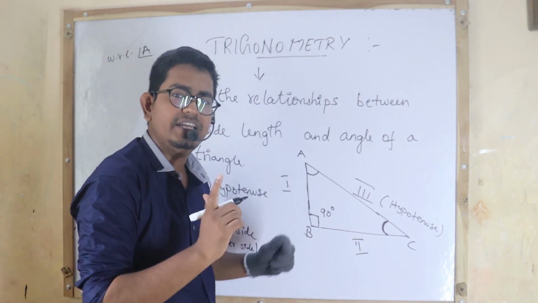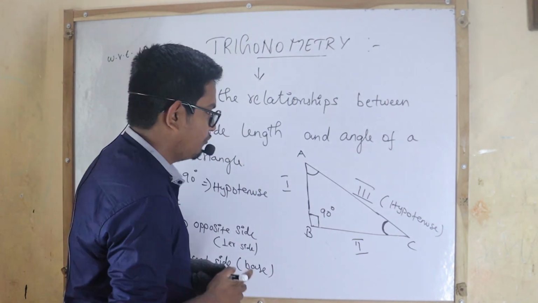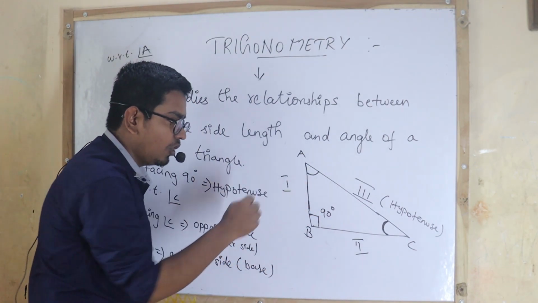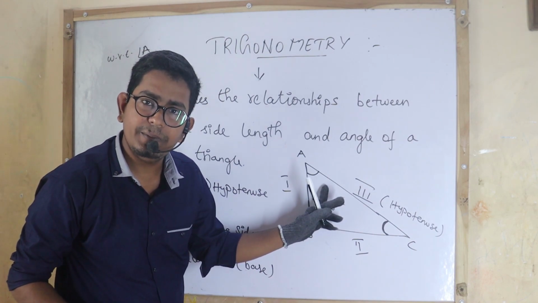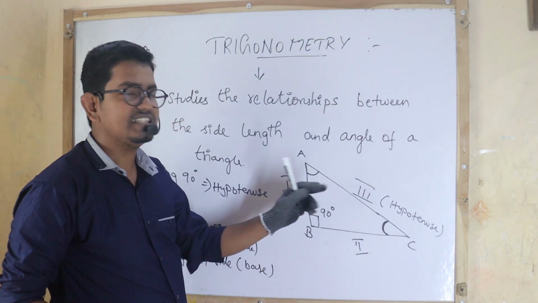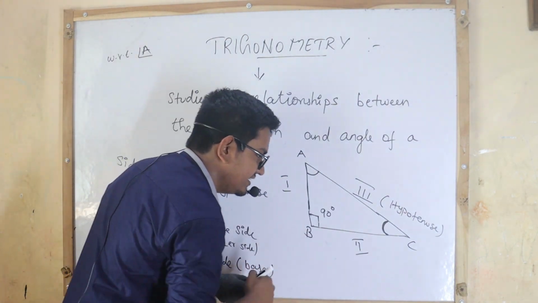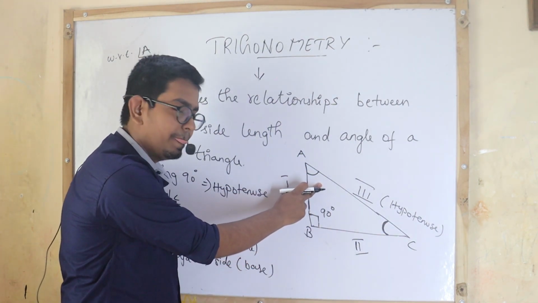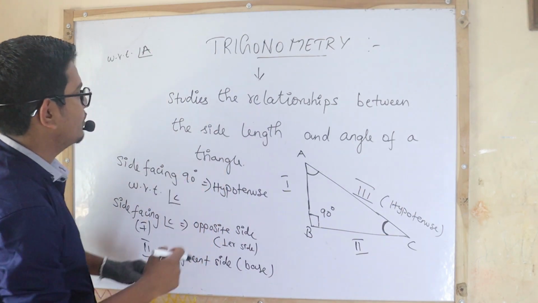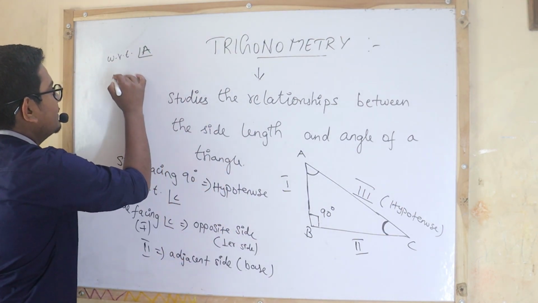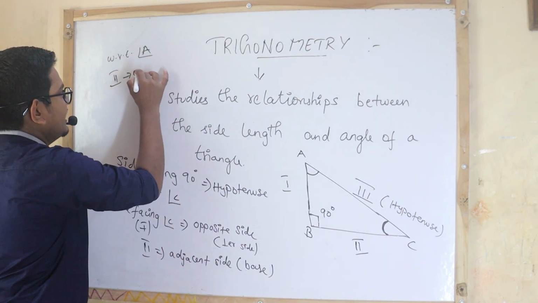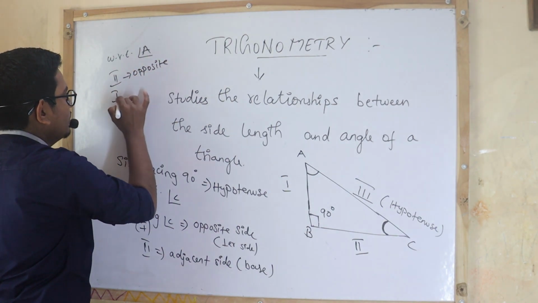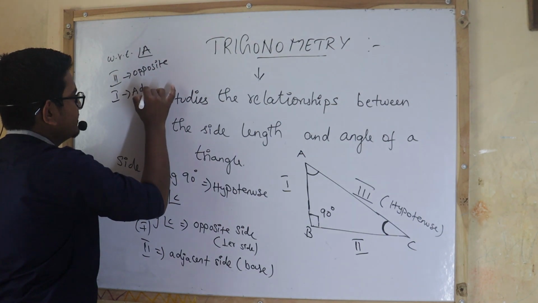For this angle, the opposite side will be the side which is facing this angle, right? It is the second side which is facing the angle A. Therefore the second side will be known as the opposite side, and the first side will be known as the adjacent side.